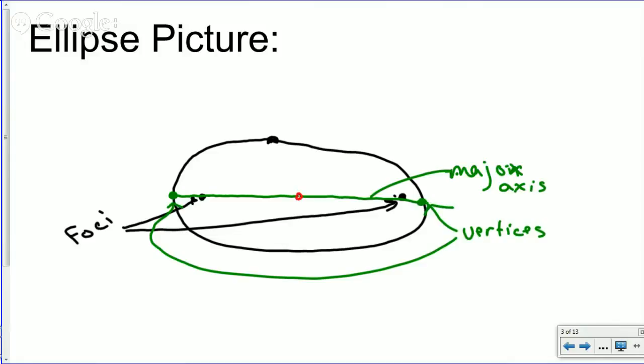The middle of that line is called the center, which is a really clever name. And then running down through the center, perpendicular to the major axis, is called the minor axis.